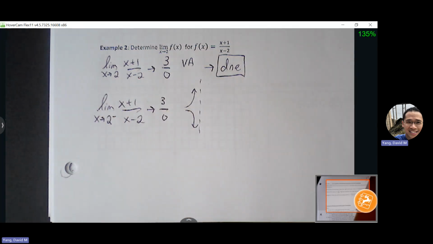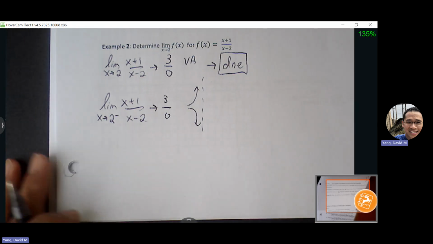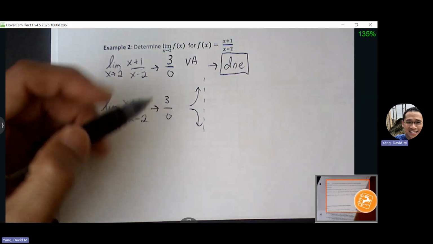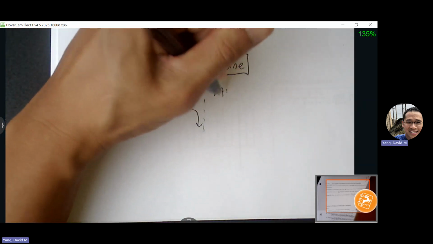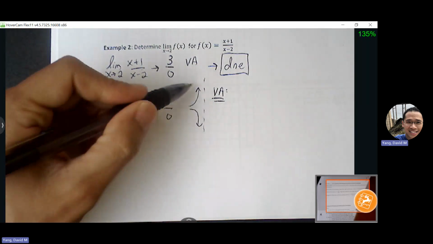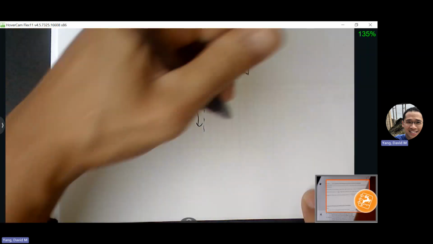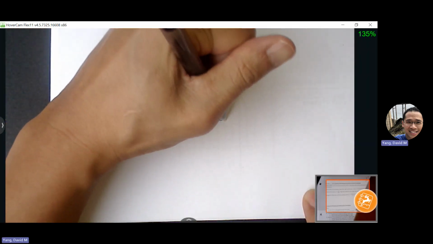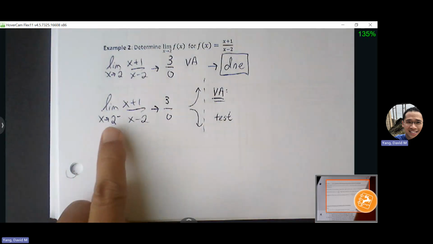We're going to decide this using this numeric method we're going to talk about. Now that you know there's a vertical asymptote, and we're only deciding between 2 options, we're going to test a decimal value. We're going to test a number that is to the left of 2.